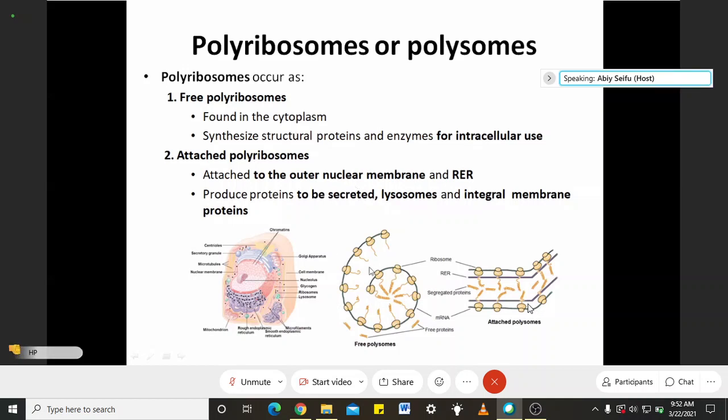On the other hand, another group of polyribosomes are attached on the outer surface of the nuclear membrane as well as the rough endoplasmic reticulum. This diagram here is showing part of a rough endoplasmic reticulum. Look at this, this is the membrane of the rough endoplasmic reticulum. On it, here we have the polyribosomes attached to it.